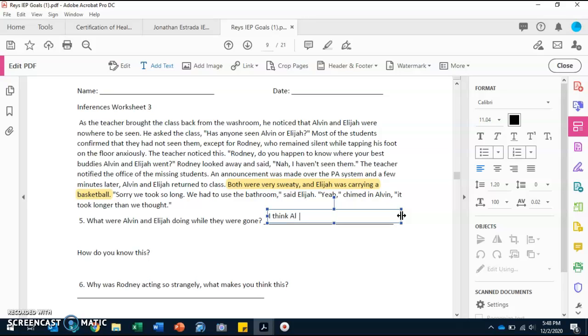Alvin and Elijah were outside playing basketball.